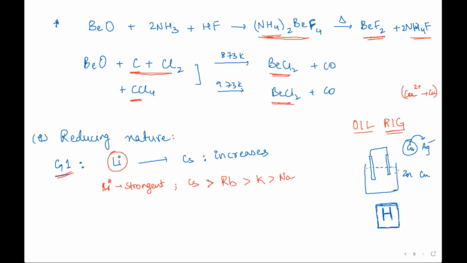Now, because we are talking about transfer of electrons here, it is quantitatively measured by checking the potential difference that is created between a standard hydrogen electrode and the metal electrode. So these values are called the E0 values: the standard potential difference that is created when a metal electrode is connected against a standard hydrogen electrode.